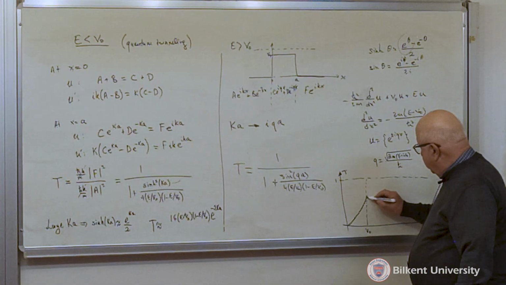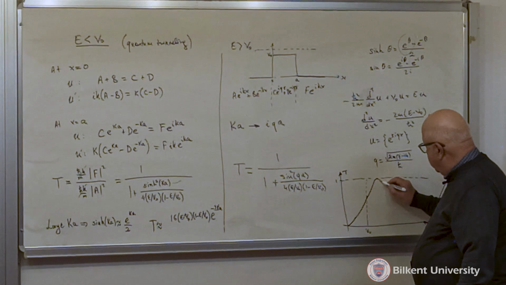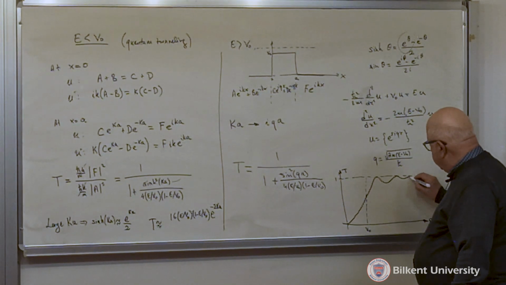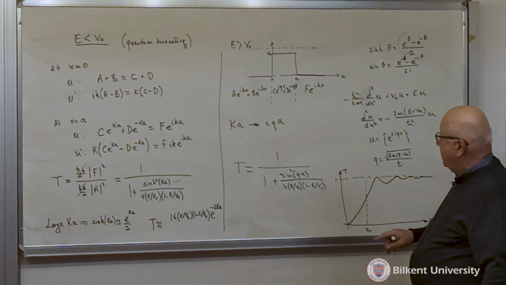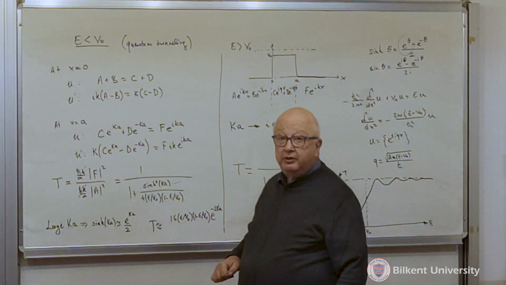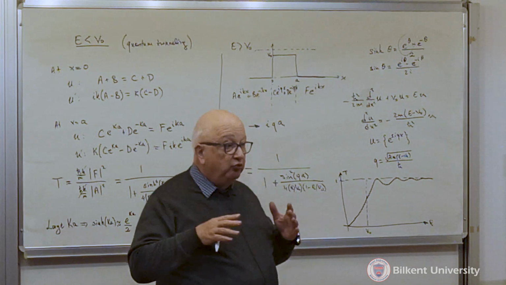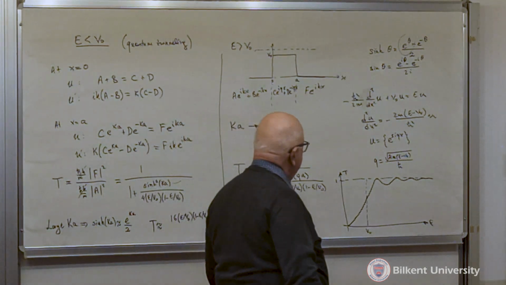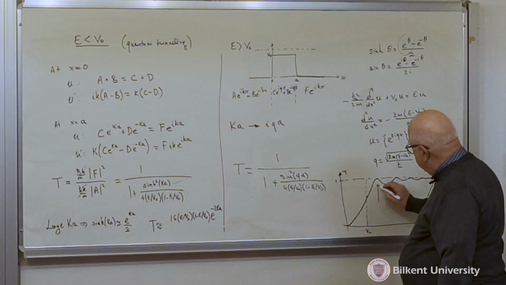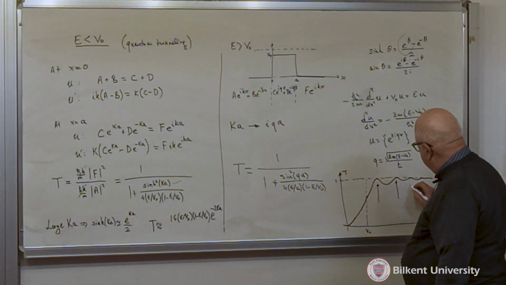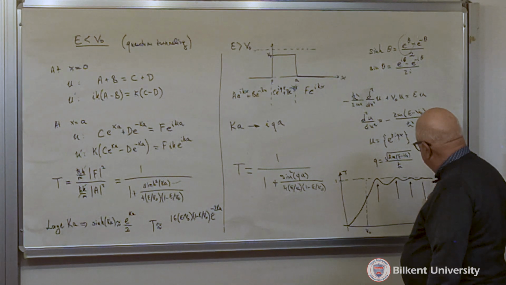So, okay, there will be certain points here as the sine oscillates. As I go to higher and higher energies, I am going to get closer and closer to full transmission. But even before that, I am going to get certain places here where, okay, so when does that happen?